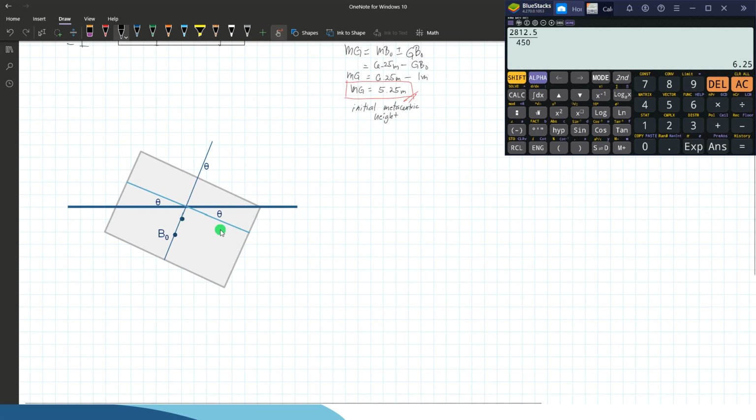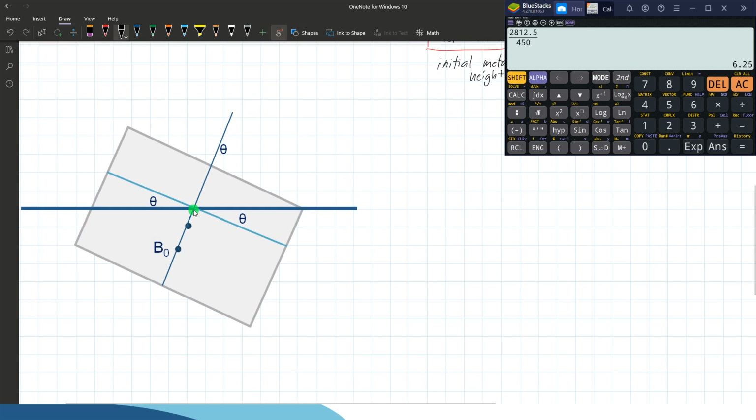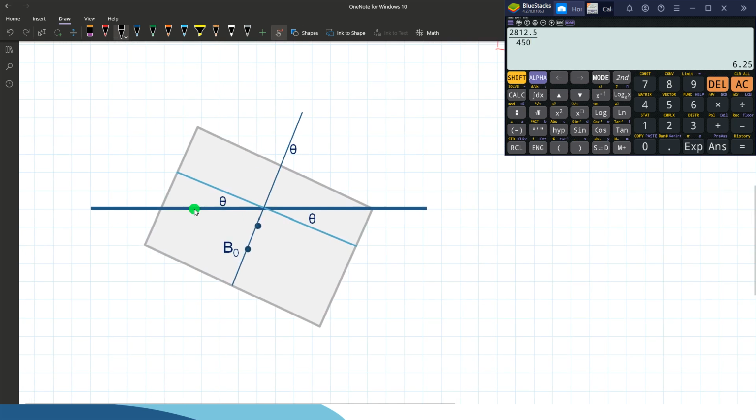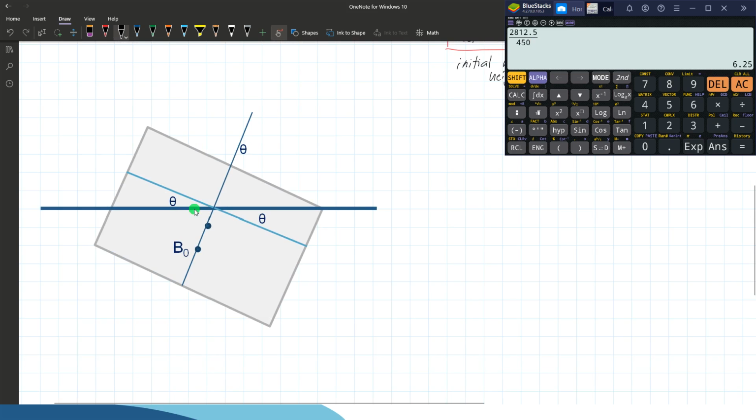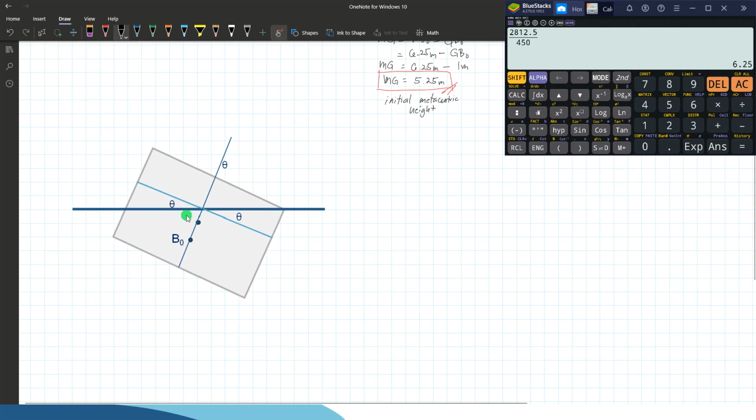We cannot determine the righting moment if we don't first locate the metacenter in the tilted position. So let's determine first the metacenter.